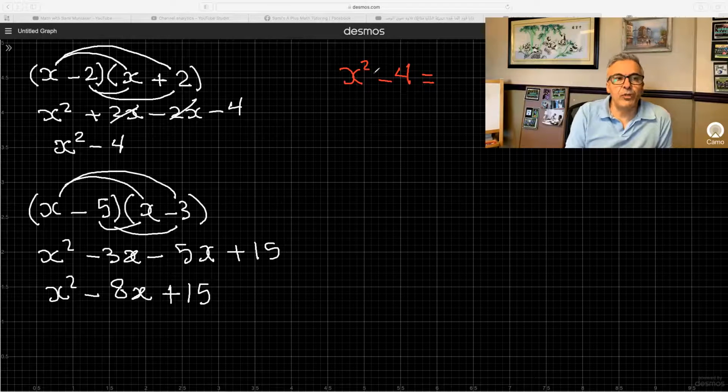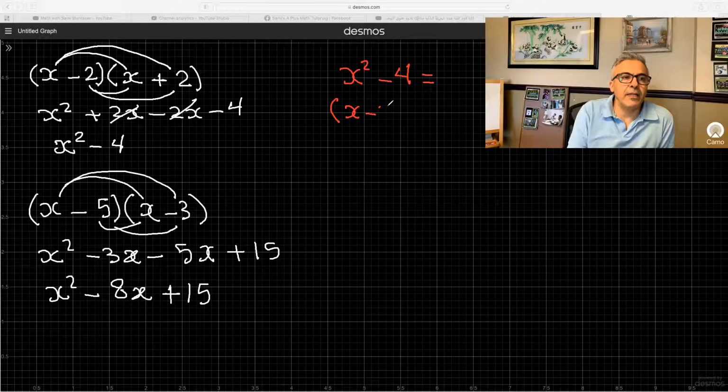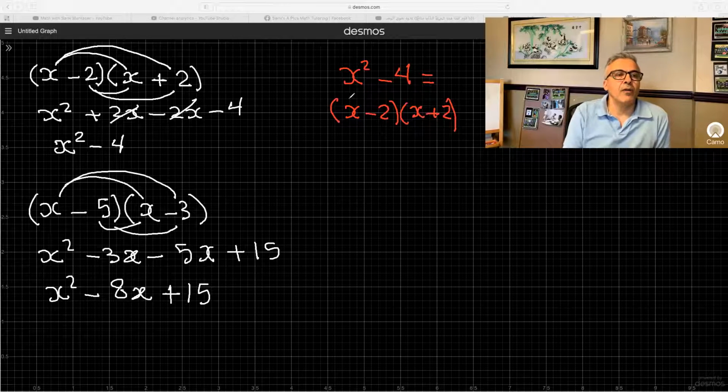When you're factoring this, we know this is the difference of squares. So we factor it into x minus 2 and x plus 2. When we learn about factoring, we know that when you're factoring a binomial and it's perfect squares, we call it the difference of squares. All you need to do is just put an x here, an x there, and then the square root of that number, put it here and there, and then one is negative, one is plus.